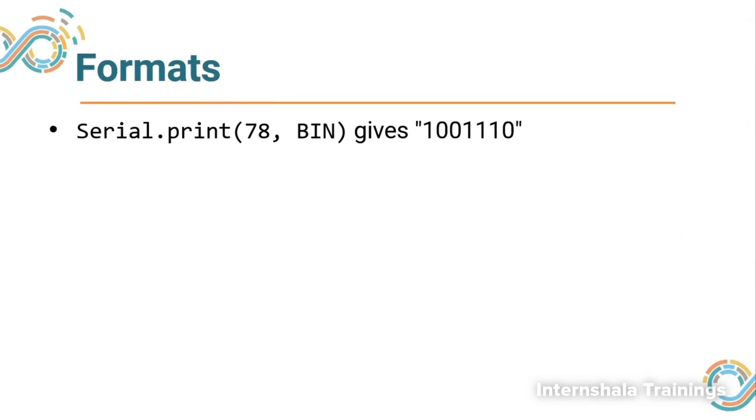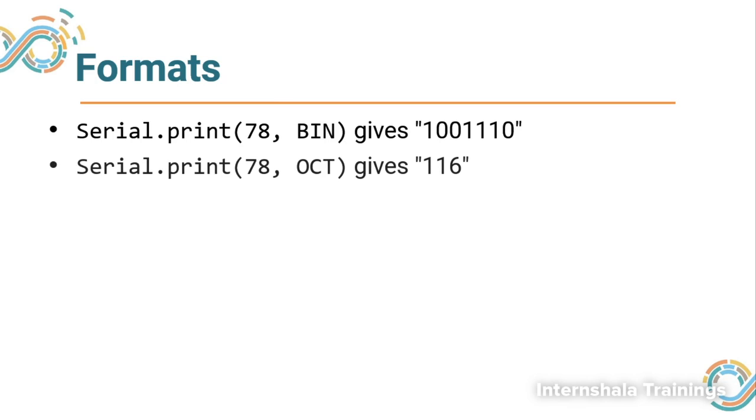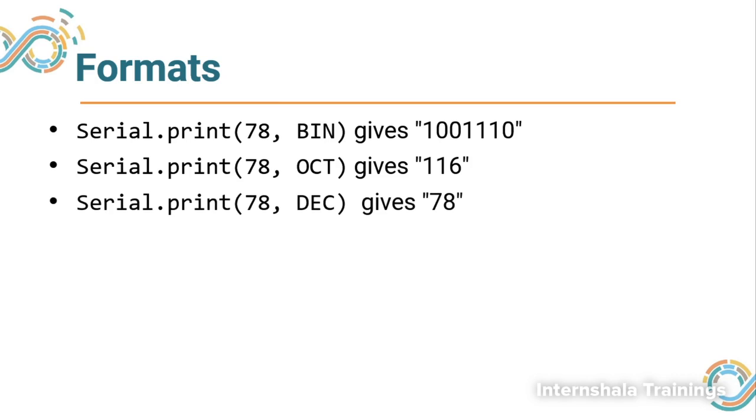I have this one which says Serial.print(78, BIN), 78 in binary format. Now it will convert the decimal number 78 into binary and print it. You don't have to do that conversion. Similarly, if I say Serial.print(78, OCT), it will convert and print the octal equivalent. And if you want to show it in decimal format only, it will show.